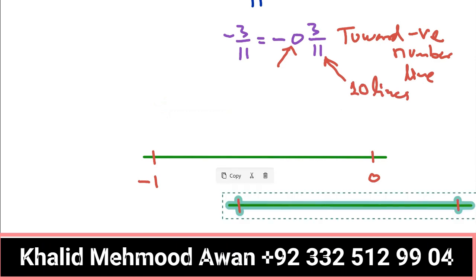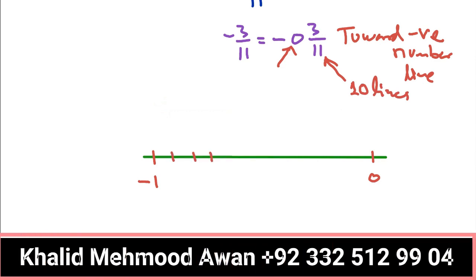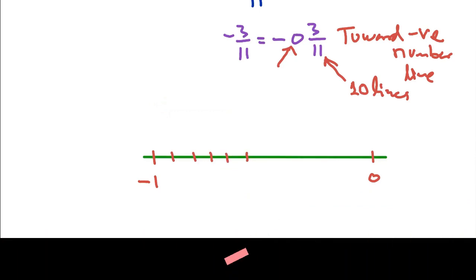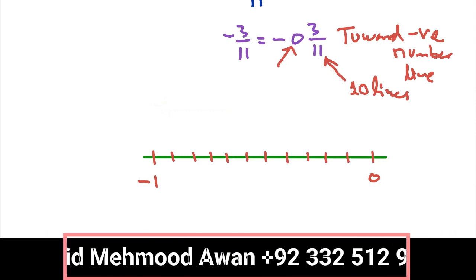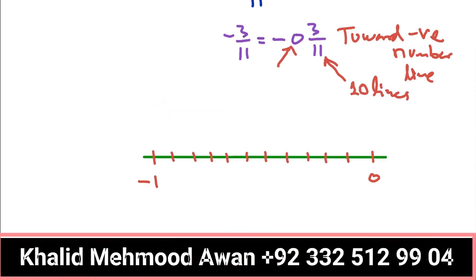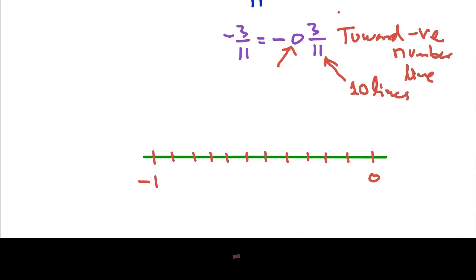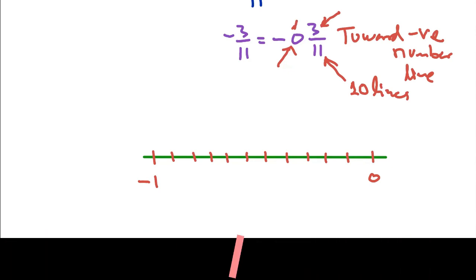One, two, 1, 2, 3, 4, 5, 6, 7, 8, 9, and 10. Now there are 10 lines, and the third point, which is here, is actually the number of steps we have to move from the starting point, that is 0.